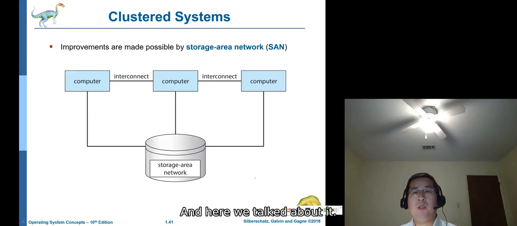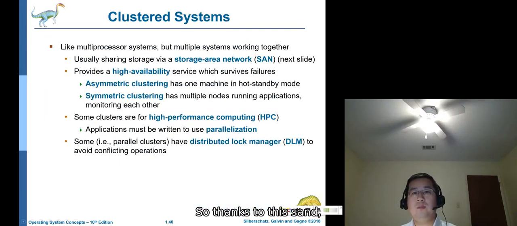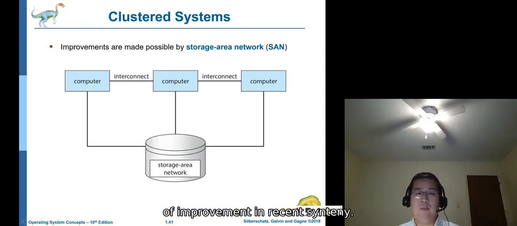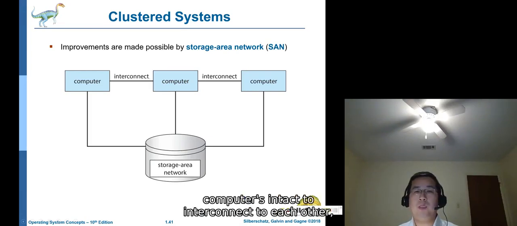And here we talk about the SAN we mentioned. Thanks to the SAN, cluster systems have had a lot of improvement recently. The basic idea is that we interconnect computers, and they share the storage area network.